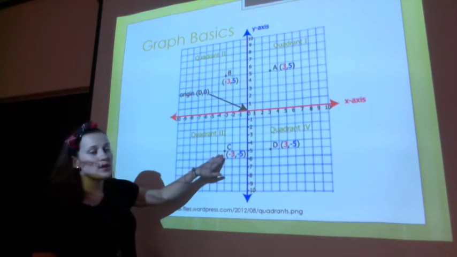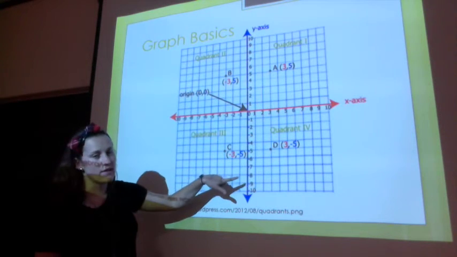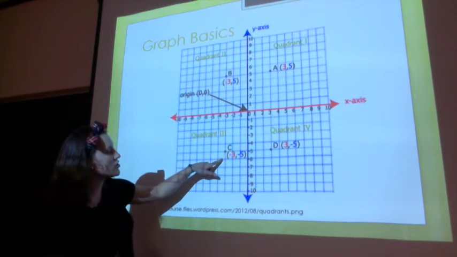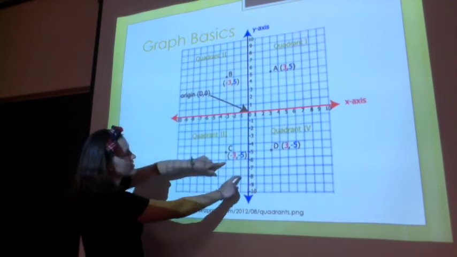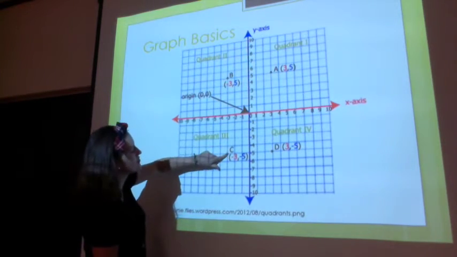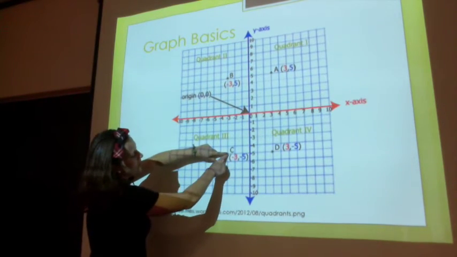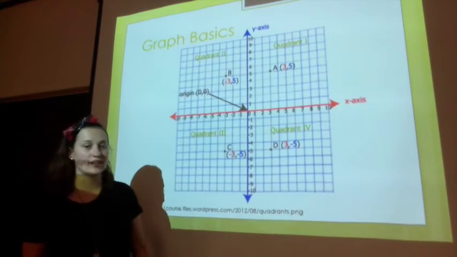So for example, point C, which is -3, -5, refers to the point on the x-axis, which goes first, and the y-axis. So we see here point -3 on the x-axis and -5 on the y-axis creates coordinate -3, -5.